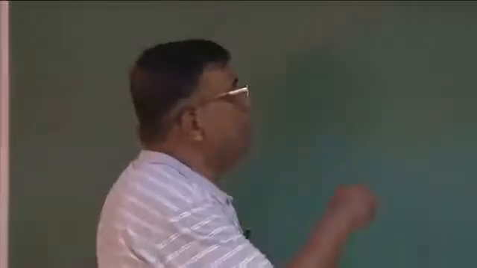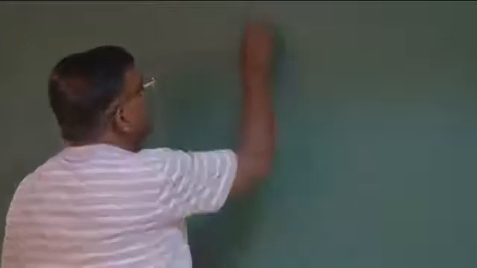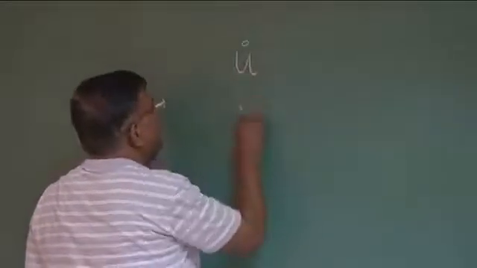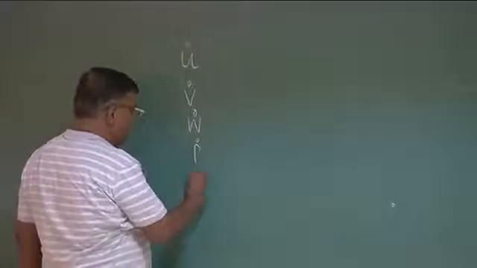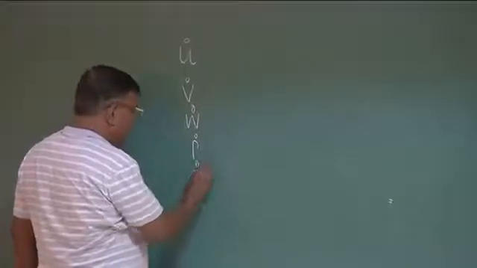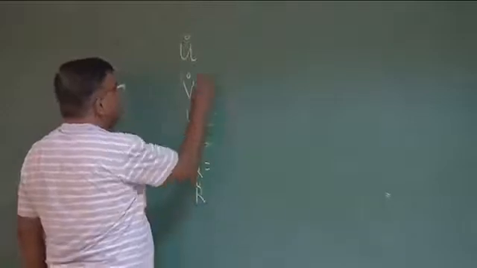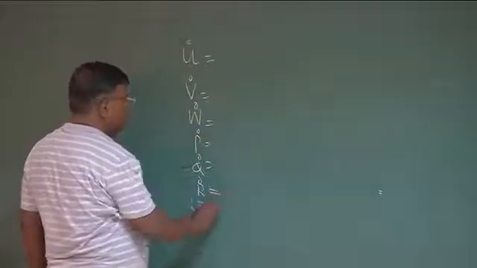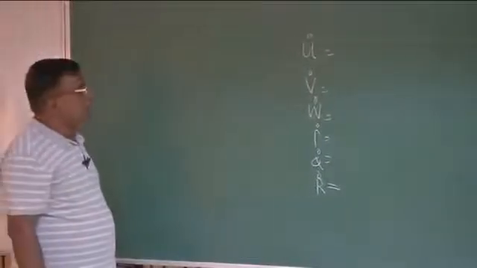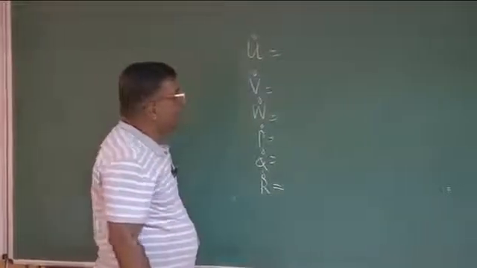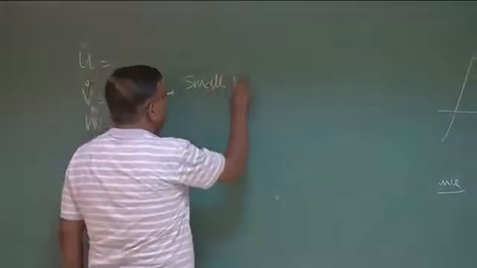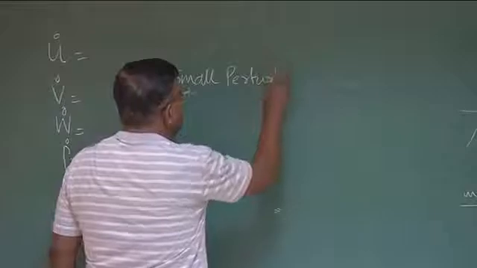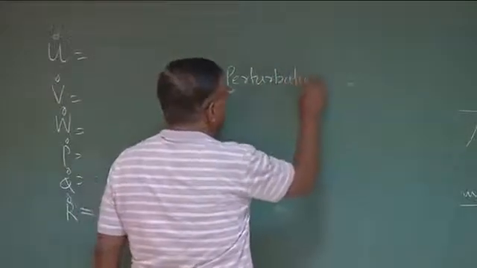Now whenever we applied this, we found the equations of motion in terms of V dot, W dot, P dot, Q dot, R dot, etc. What we did? We used small perturbation theory.